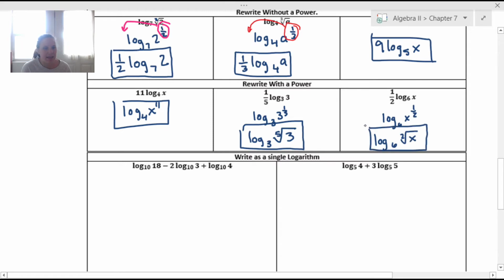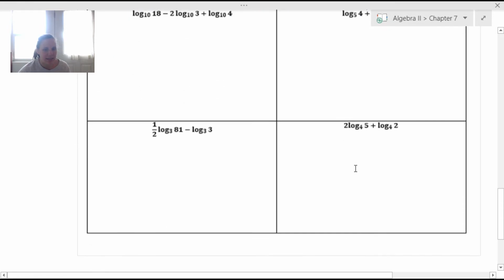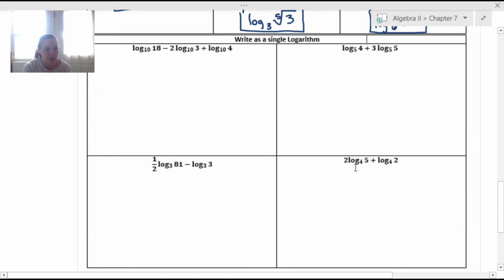All right, now we get to combine some stuff. We're going to write these as a single log using all the rules that we just learned. So first, let's deal with this exponent here. So this is going to be log base 10 of 18 minus log base 10 of 3 squared, which is 9, plus log base 10 of 4.